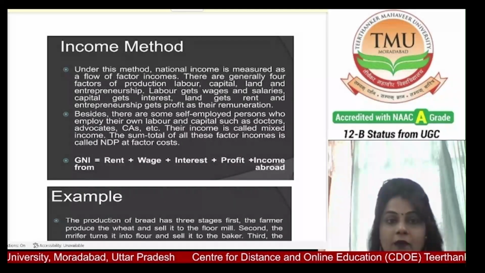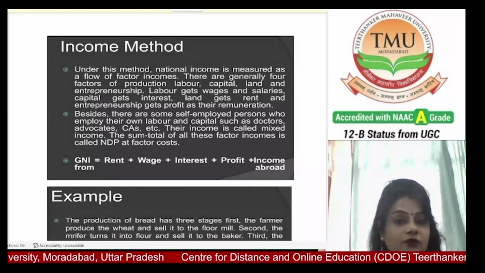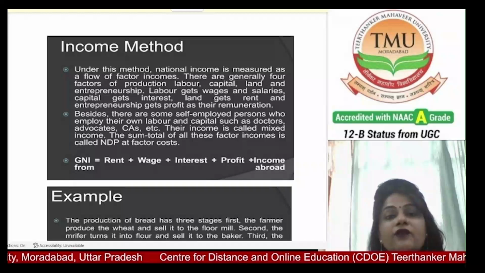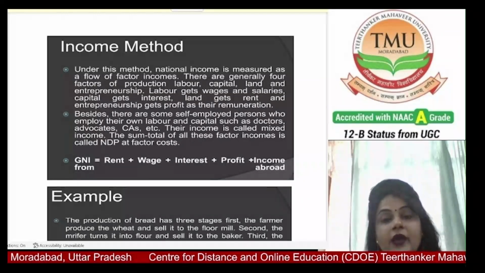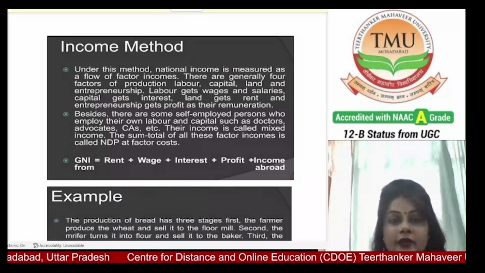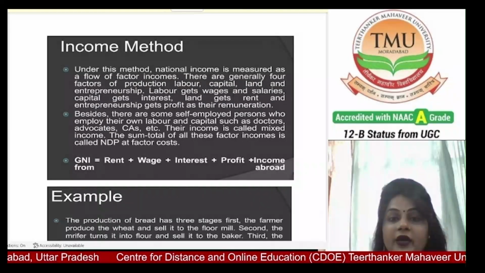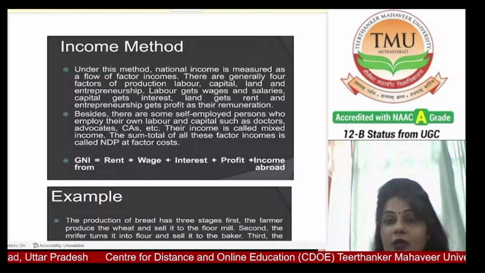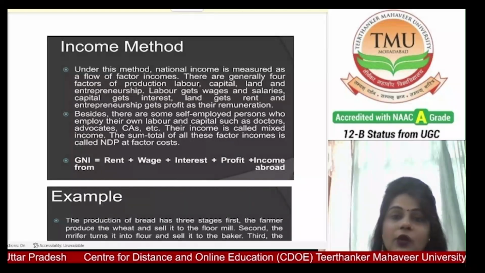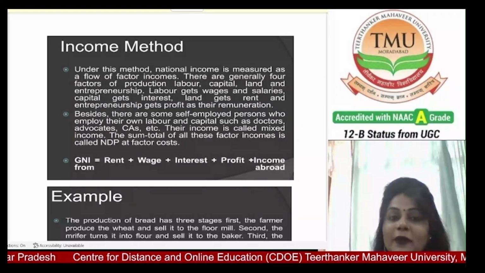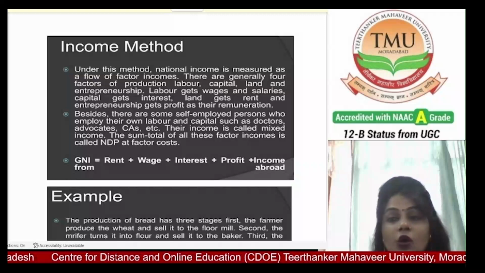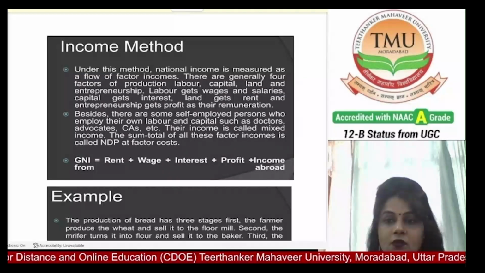In calculating income, rent refers only to the income earned from using land. Rent paid for the use of machinery and other equipment is not accounted for as rent. Now, in addition to rent, another form of income is royalty. Royalty is the amount you pay to an individual or a company in exchange for the use of assets such as coal or gas.